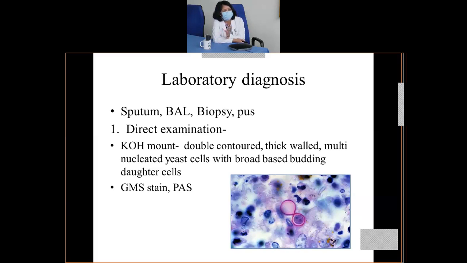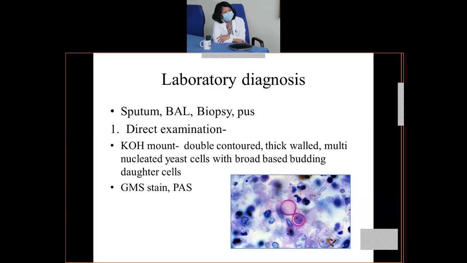They will be present as multinucleated yeast cells, double contoured, which means the wall is comparatively thicker because it is double walled, and the yeast cells have broad-based budding. I've shown you the picture of broad-based budding daughter cells.